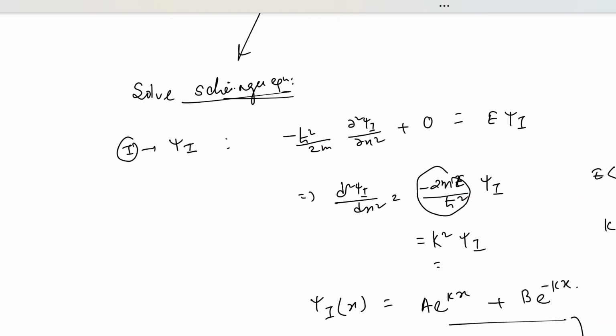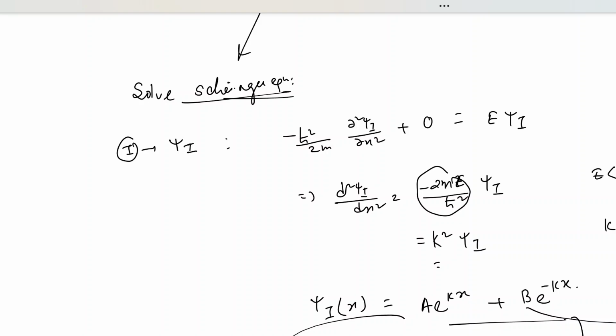But in this functional form, the second term, for x tending to minus infinity, B e to the power of minus kx goes to B e to the power of plus infinity, which is diverging. So this is incorrect because that is not physically true. So B should be set to 0.